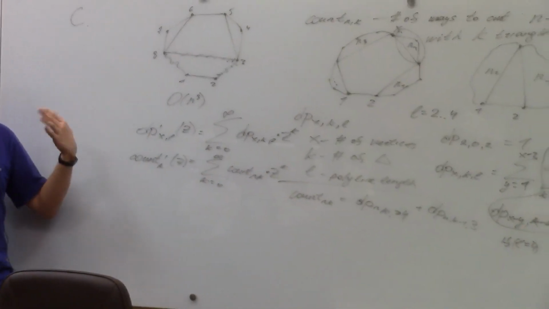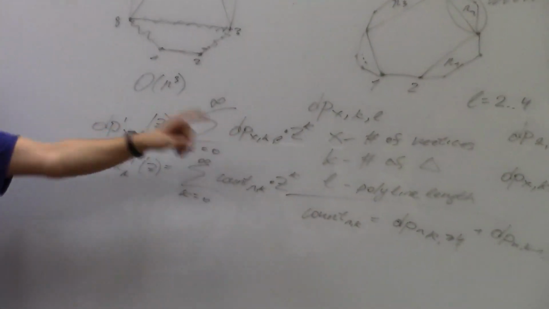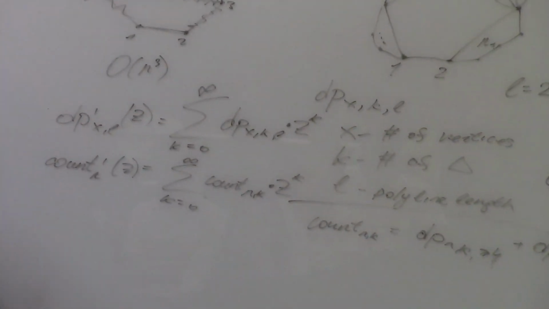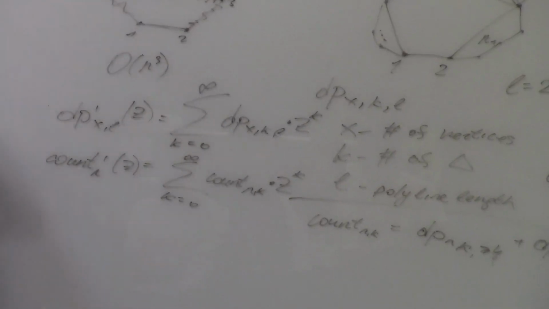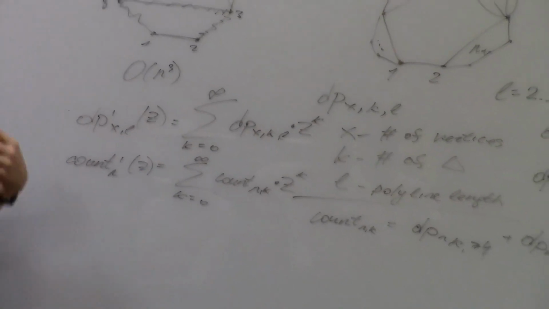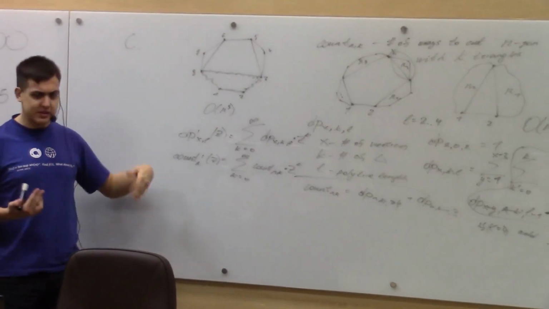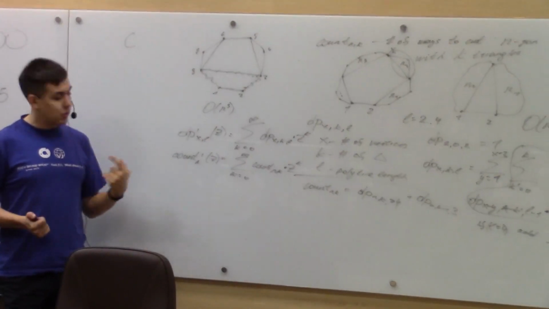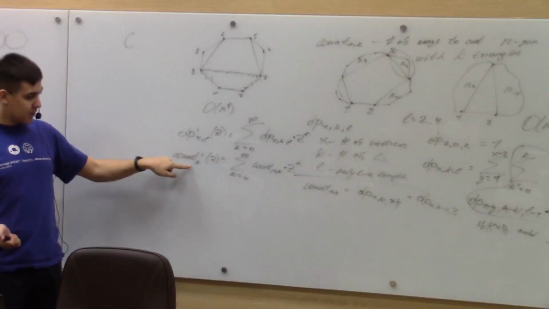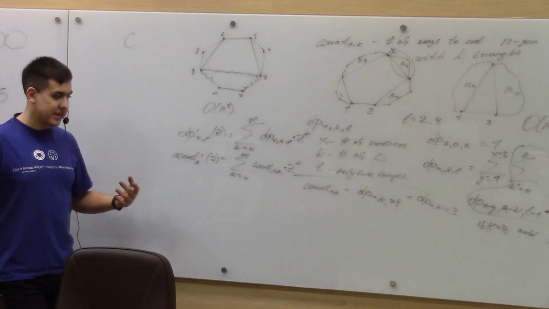So basically, we assign a weight to each triangulation equal to z to the power of k, where k is the number of triangles in that way to cut a regular polygon. And we sum over all of this. Well, this is a polynomial, right? So even if I have infinity here, this is a finite sum, and this is a polynomial in z. So if we calculate the values of this polynomial, then we can use interpolation to get back the results.